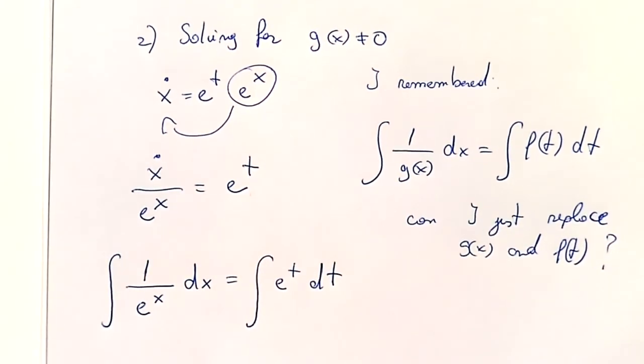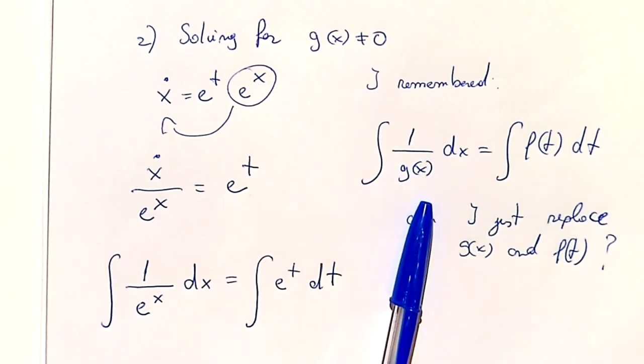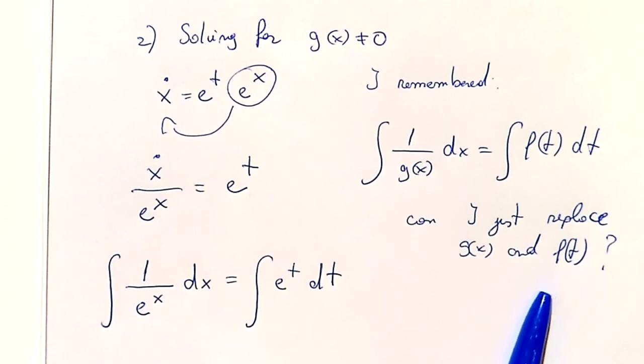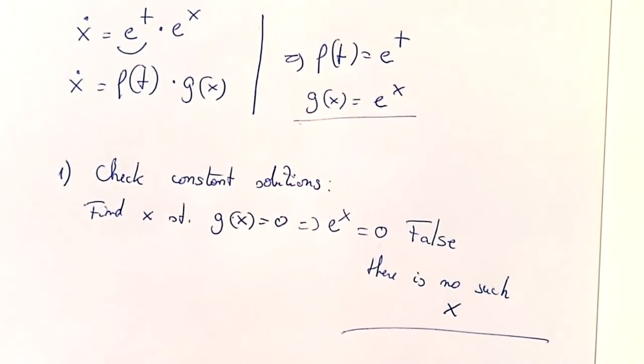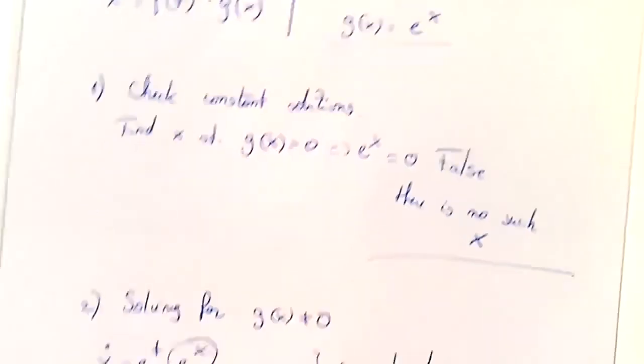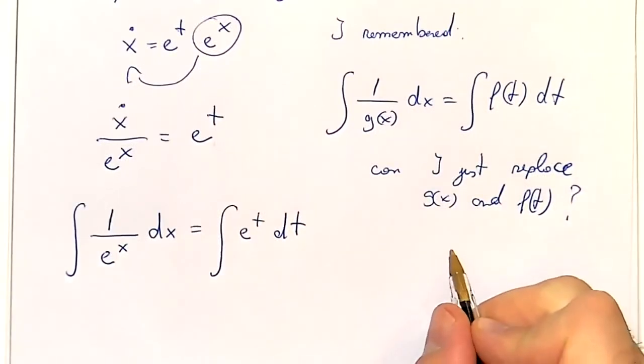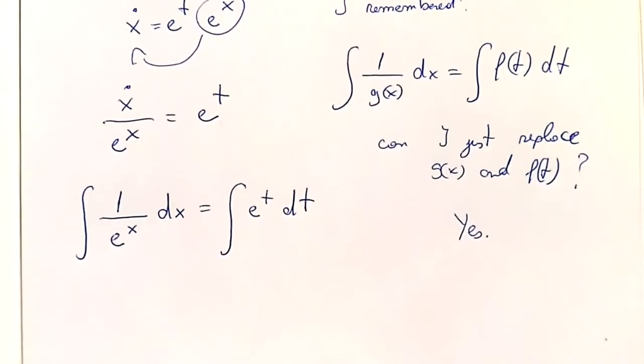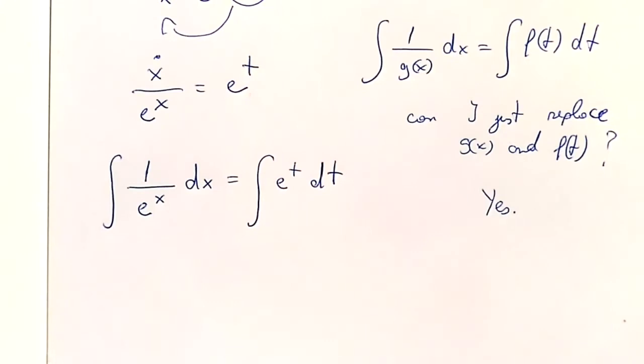Like, for example, you don't want to remember flipping it on the other side. That's perfectly fine, but you just remember this formula. Can you just replace g of x and f of t with what you have here? Yes, doesn't matter. Nobody cares. As long as you write this integral here, or the corresponding integral in your case, you're fine. Nobody cares how you got to that. It's pretty standard.